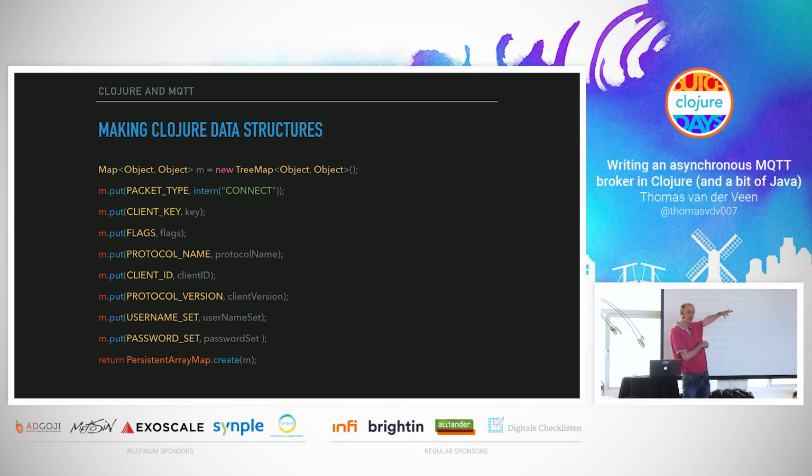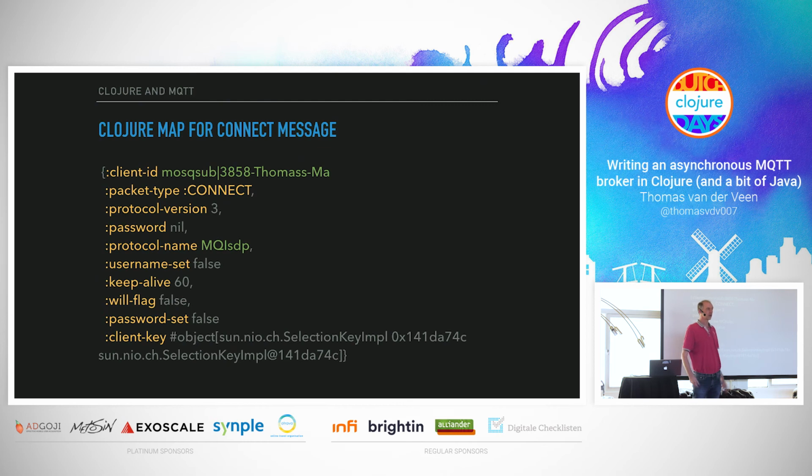We set the bit earlier on, whether the username is set or not. This is that particular thing. And then you turn it into a persistent array map. I think that's what it says. And then, voila, you go to Clojure, and suddenly we have a map as we like it and as we love it. This is just data, and now we can operate on it.